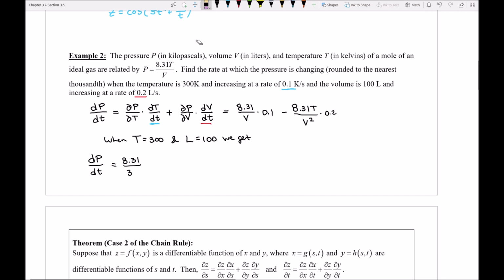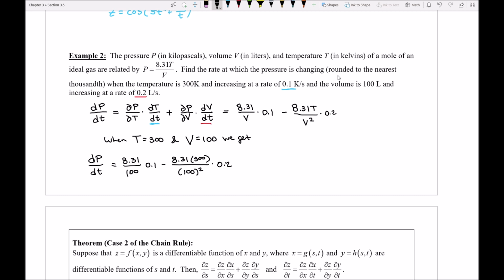Oops, sorry, this should be V equals 100, not L. L was the units, not the actual label. But I should get then 8.31 over 100 times the 0.1 minus the 8.31 times my 300 over my 100 squared times 0.2.